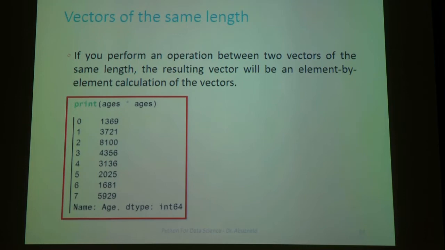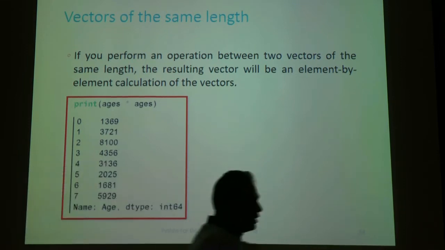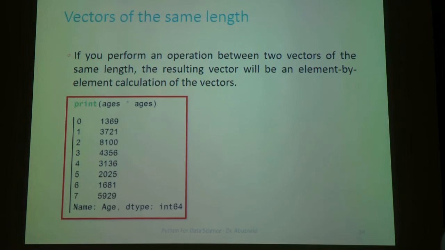Okay. So vectors of the same length. Remember what we learned about NumPy. What is the thing that you could always do? Broadcasting, right? When you have a vector and another vector, or a Series and a Series, you could do broadcasting.